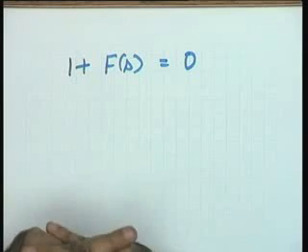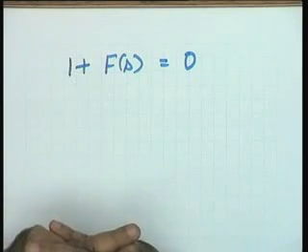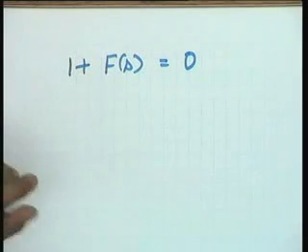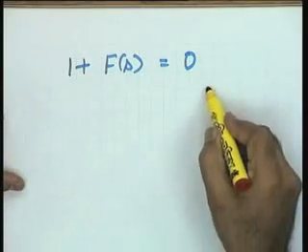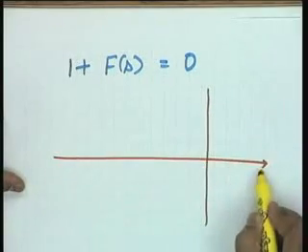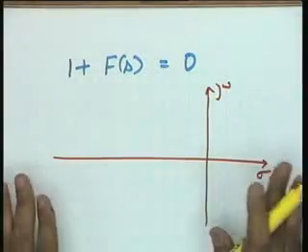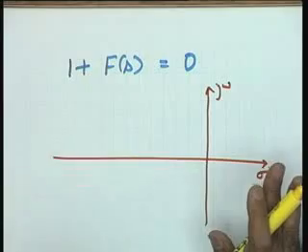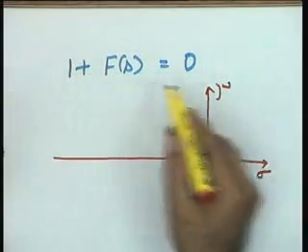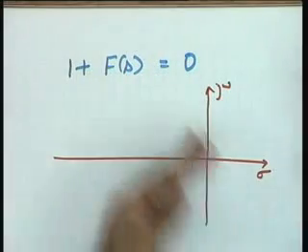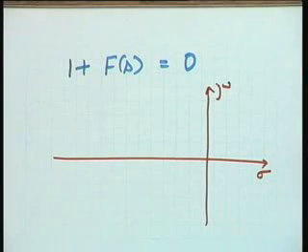And now the root locus method says that you scan through the entire state space, sigma j omega, and find out those points for which 1 plus Fs is equal to 0. If you join those points, that becomes the root locus plot.